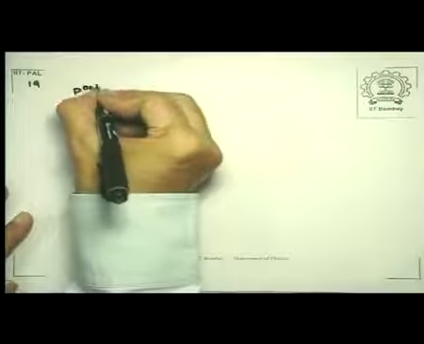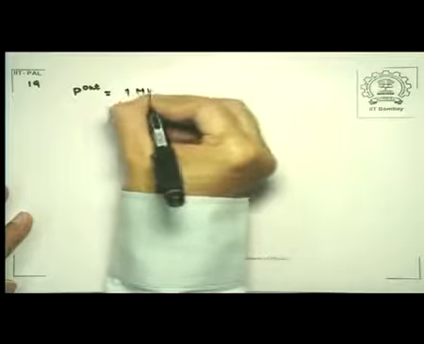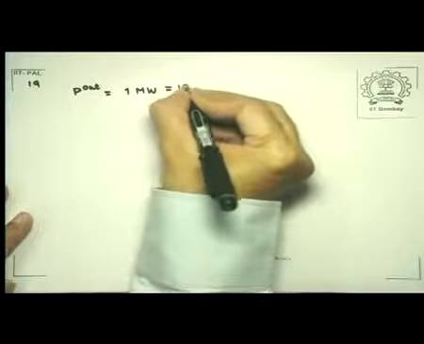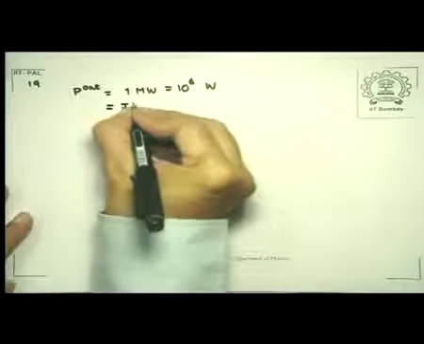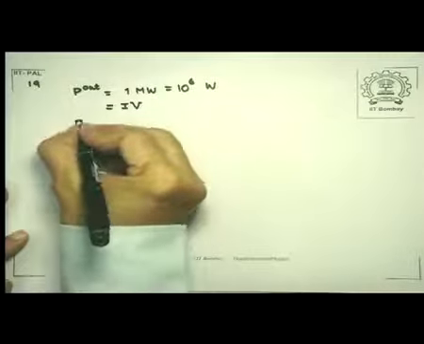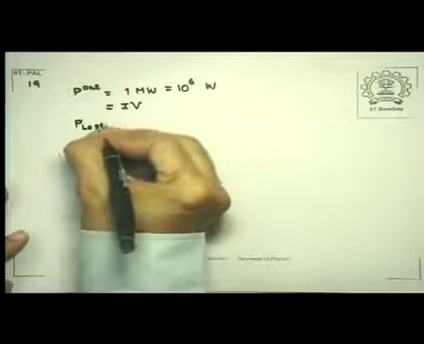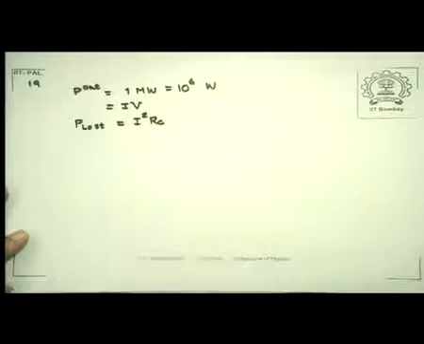So let us suppose I have a small power plant which is producing 1 megawatt of power. So power output, let me call it P out, from the plant is 1 megawatt, which is 10 to the power 6 watts. But that's equal to I times V. Power lost, we have seen, is I square times cable resistance RC.